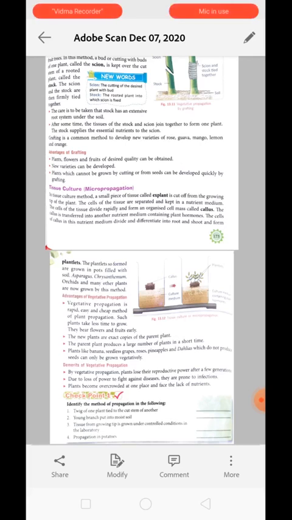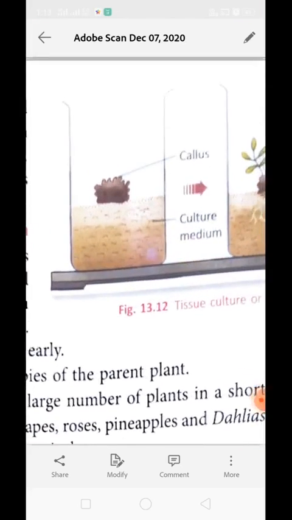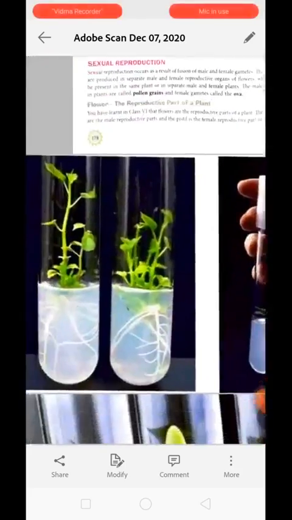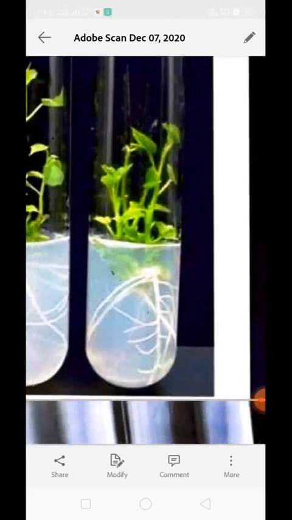Now the cells of the tissue are separated and kept in a nutrient medium, a medium which has all the components required for the cells to grow. This is called a nutrient medium. You can see these test tubes have nutrient medium to support the growth of the explant. Understood? So these cells are now separated and kept in nutrient medium.